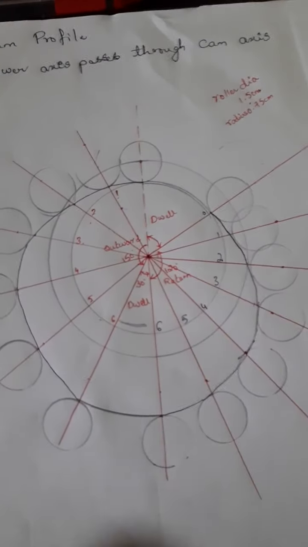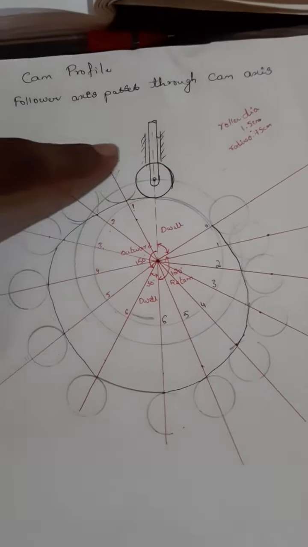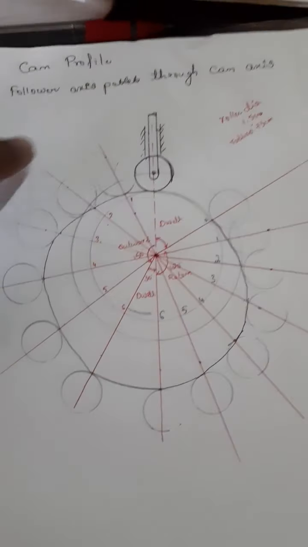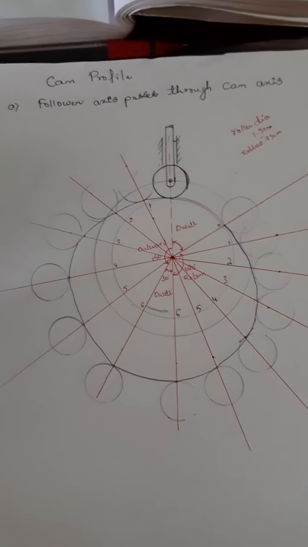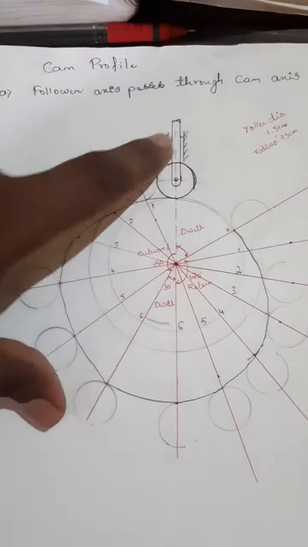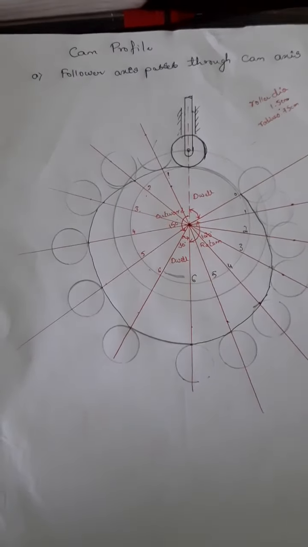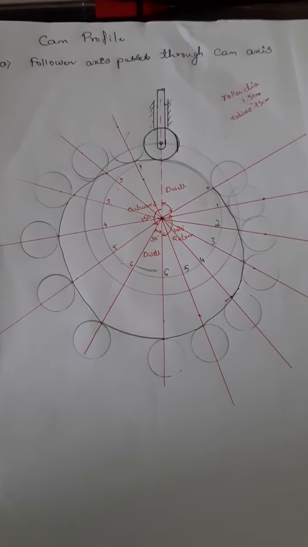So this was the drawing of the cam profile, and this is the follower. This was the cam profile when the follower axis passes through the cam axis. Next, the case when the follower axis has an offset.